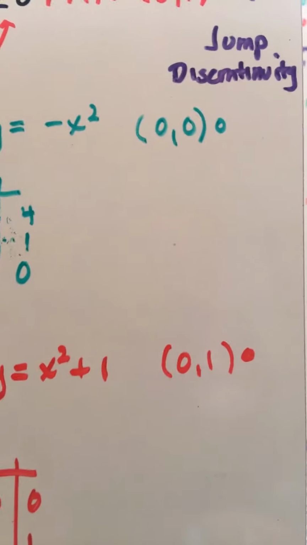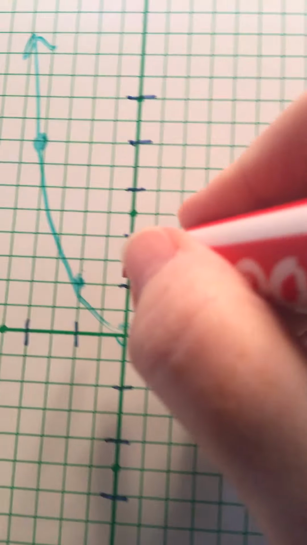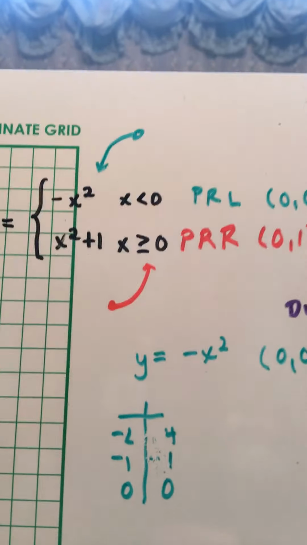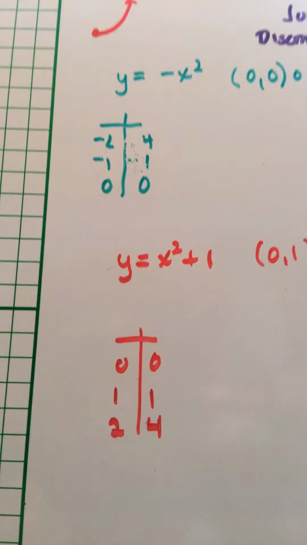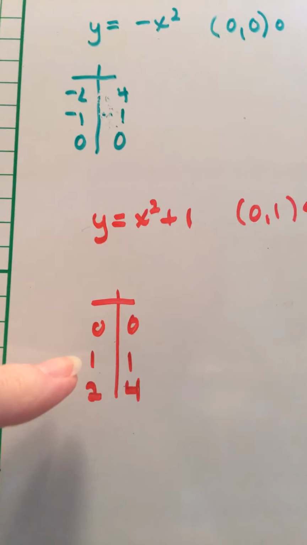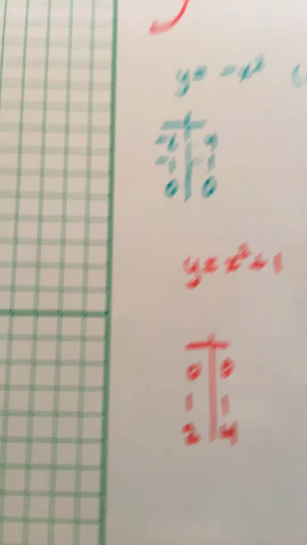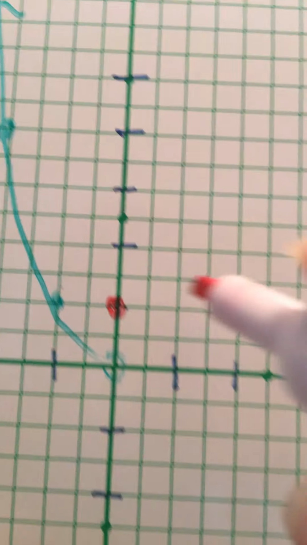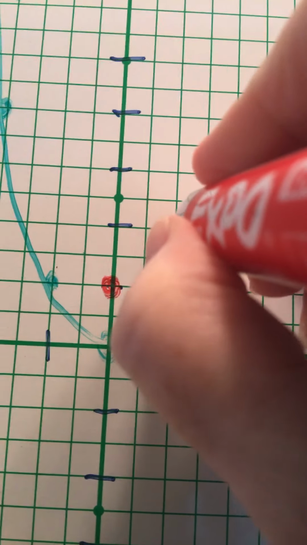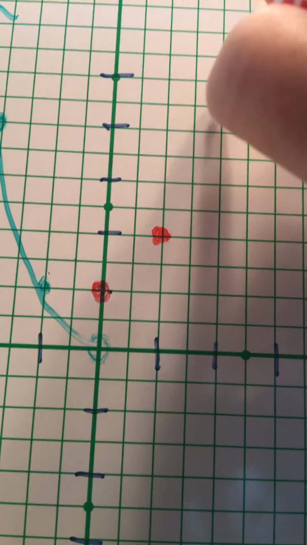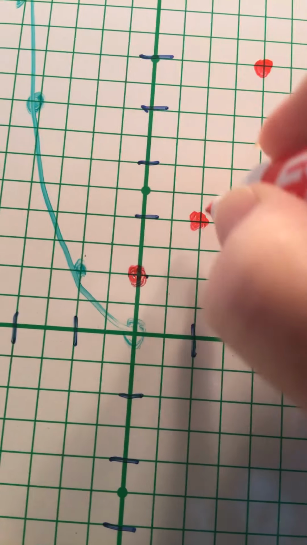Now, the vertex for the other one is 0, 1, and it's closed. And it's a parabola that opens to the right and up. So right 1, right 2, up 1, up 4 from the vertex. So I'm going to go right 1, up 1, then back to the vertex, right 2, up 4.